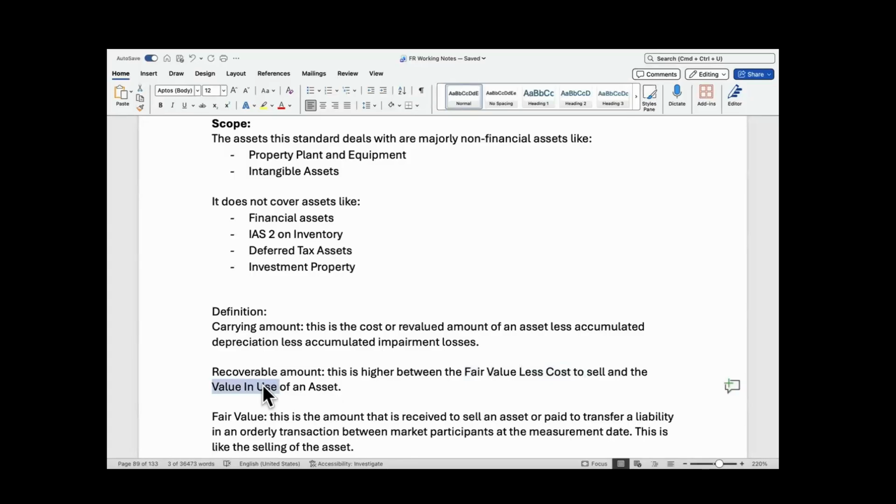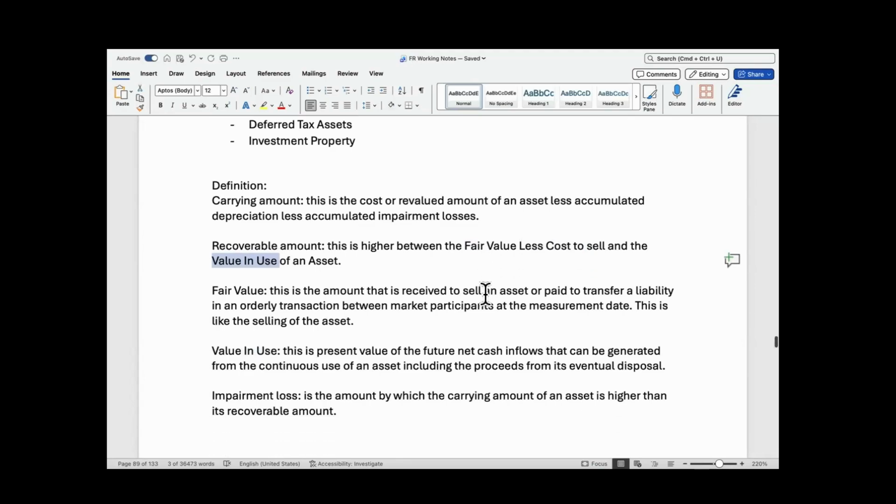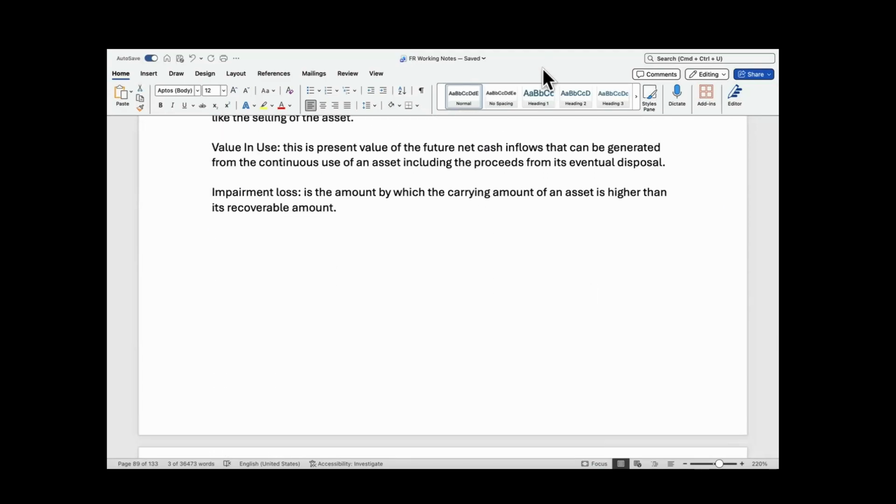So the higher of those two is your recoverable amount. This standard is here to ensure that your assets, PPE and intangible assets, are never above that amount. Whenever this happens, we say the asset is impaired.